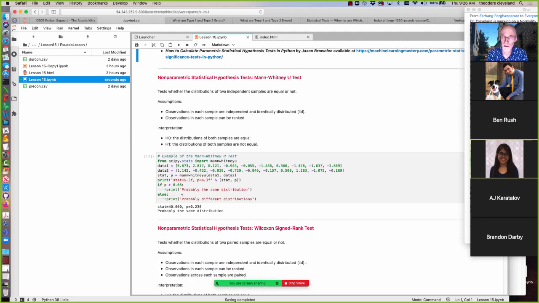So non-parametric tests, a personal favorite, have as their only requirement that the samples are independent, identically distributed. In many cases, that's fairly straightforward to establish, and that we can rank each sample.